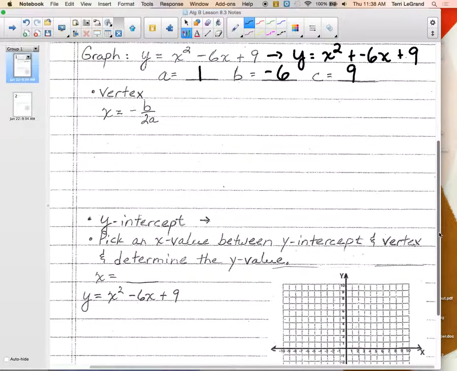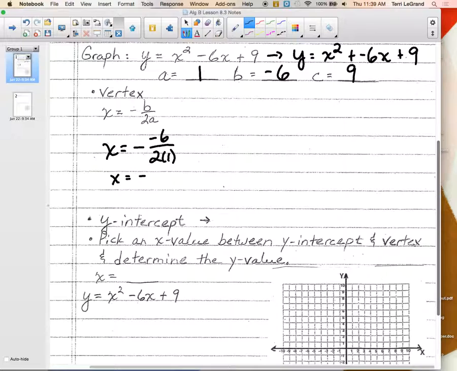So the first point we're always going to find is the vertex. And we know how to find the vertex. That's what we've been practicing the last couple of days. So we're going to substitute into our formula the opposite of our b value, which is -6, over 2 times our a value downstairs. What's 2 times 1? 2.